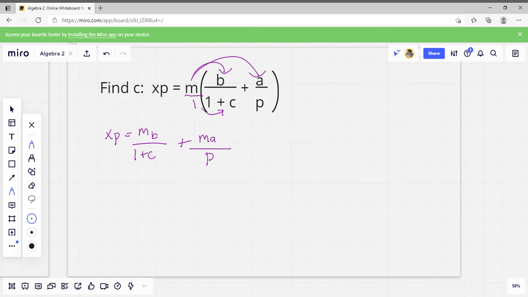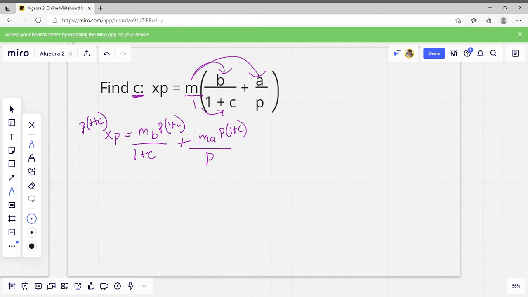Okay, and we're trying to find c. First thing we have to do is get a common denominator, so that would be p times 1 plus c. And then we're going to multiply it here as well, plus c, and p times 1 plus c.